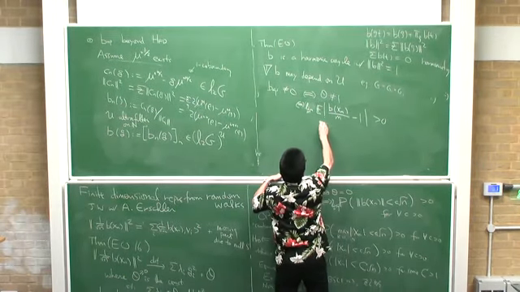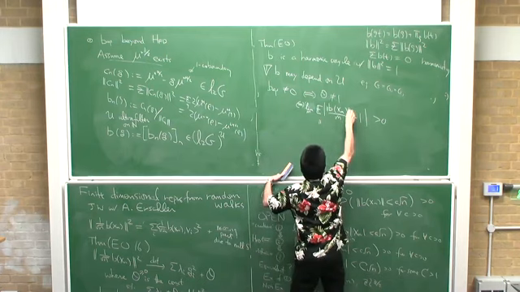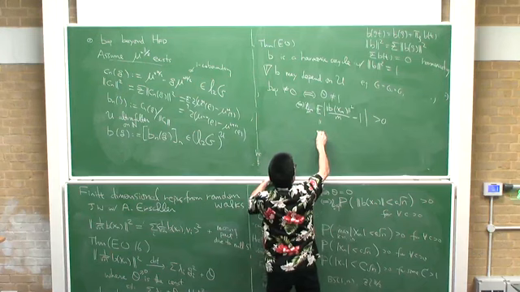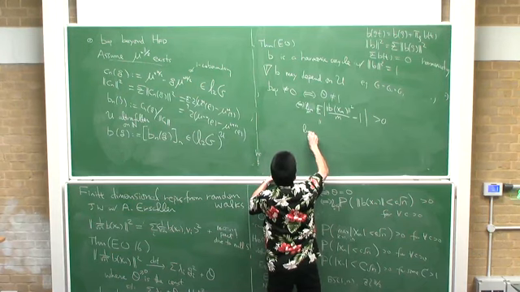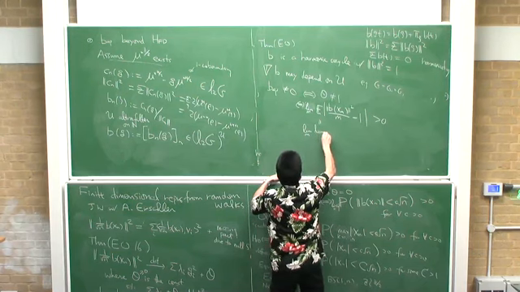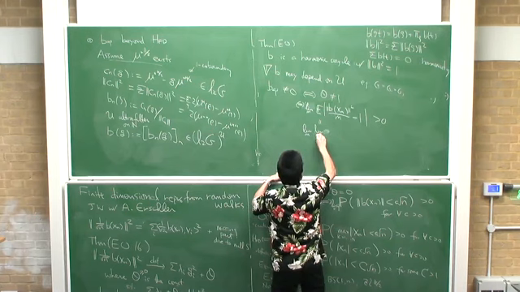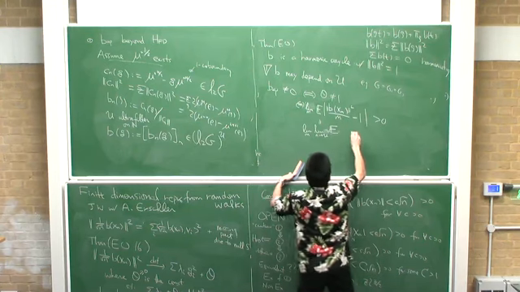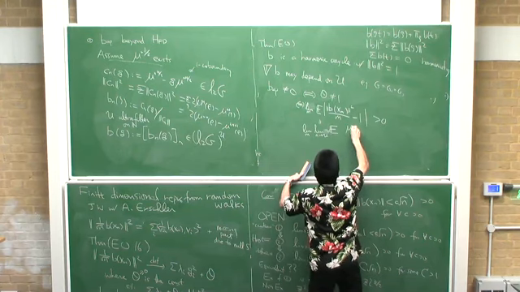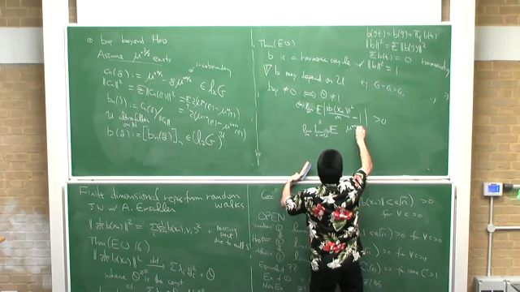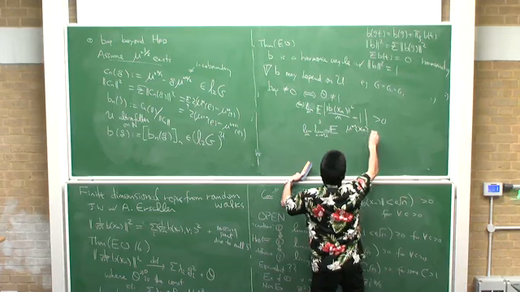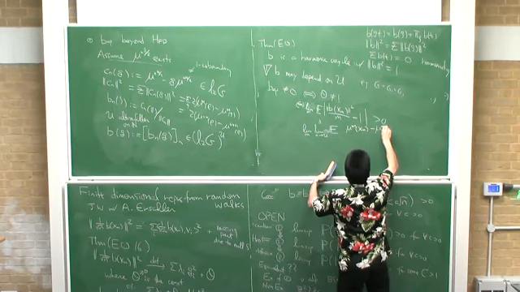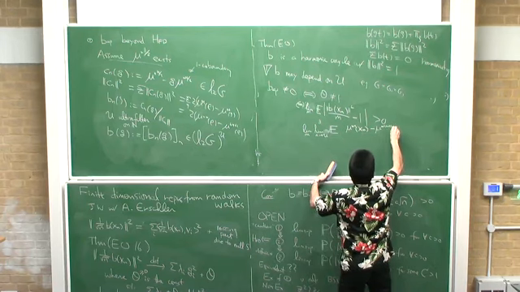So this is equal to the limit in m, limsup, no limit in m to ultrafilter, expectation of mu star n, x_m minus mu star n plus m e.